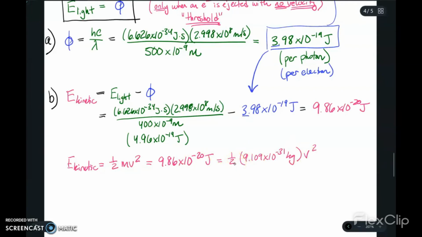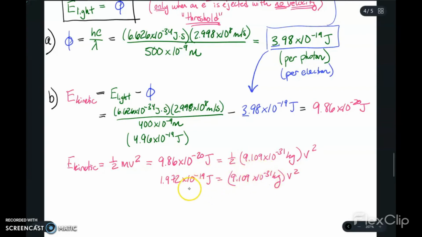So that 9.86 times 10 to the negative 20th value, if I multiply that by 2, I get 1.972 times 10 to the negative 19th joules. And that gets rid of my 1/2. And then I'm going to divide both sides by the mass of the electron to get rid of this.